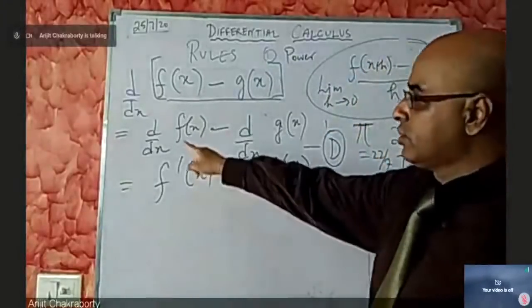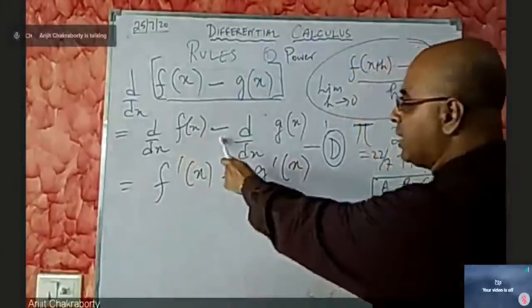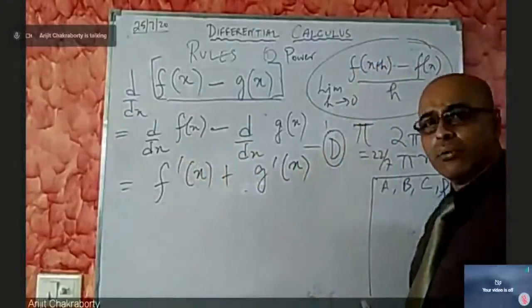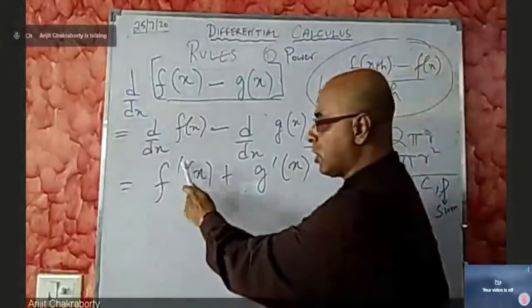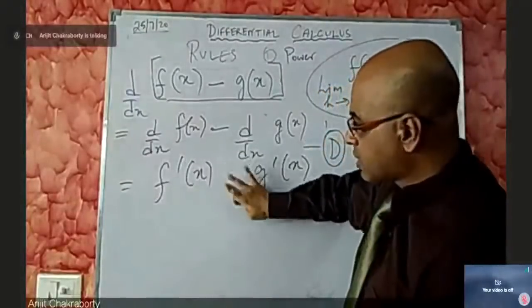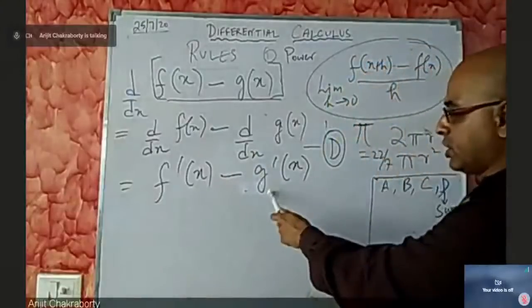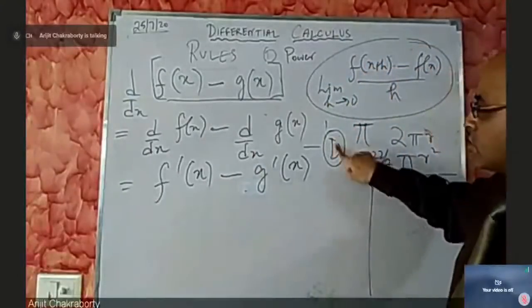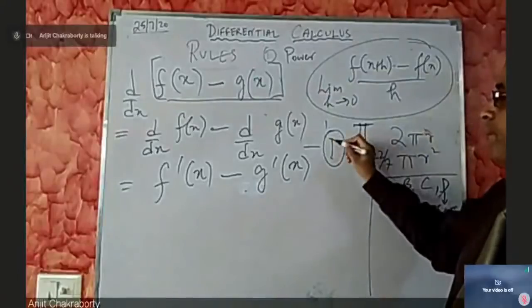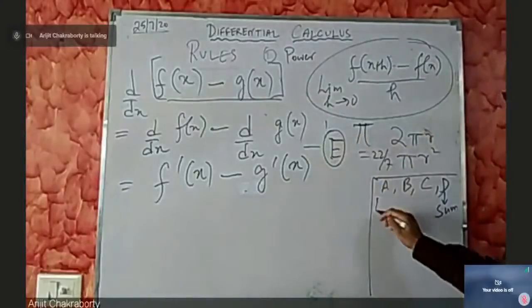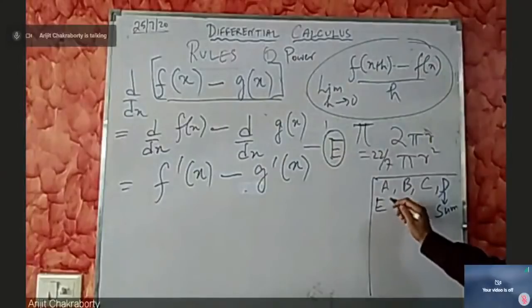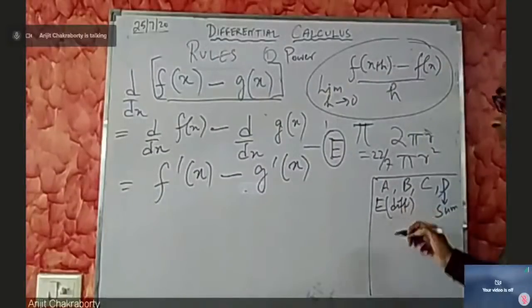In this case also, d dx of f(x) minus d dx of g(x), which means it becomes f dot x minus g dot x. And this becomes formula number E.